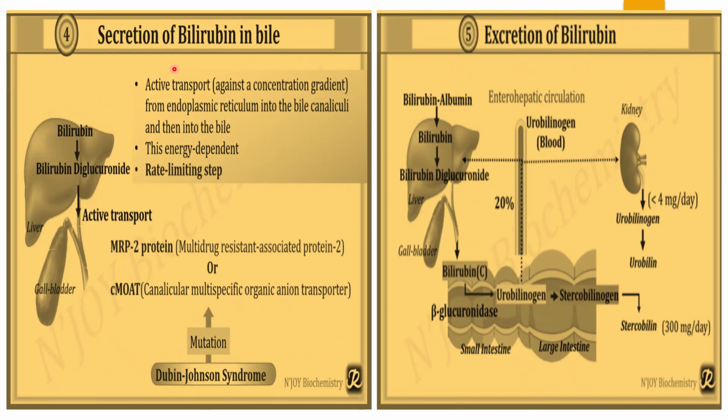Next is secretion of bilirubin into the bile. So secretion of bilirubin into the bile also happens by an active transportation system, which is against the concentration gradient, from the endoplasmic reticulum into the bile canaliculi and then into the bile. And this energy dependent process is the rate limiting step. So we can see it here.